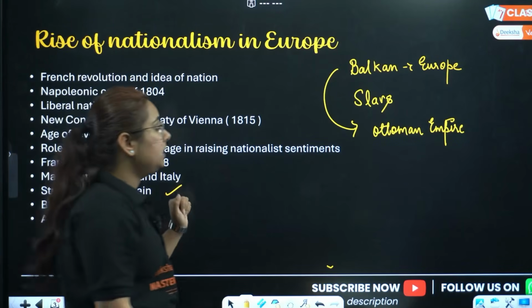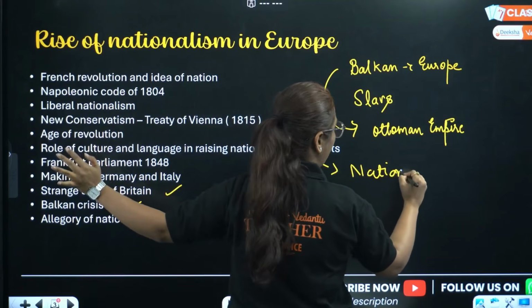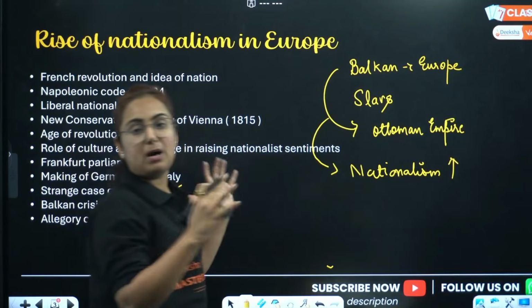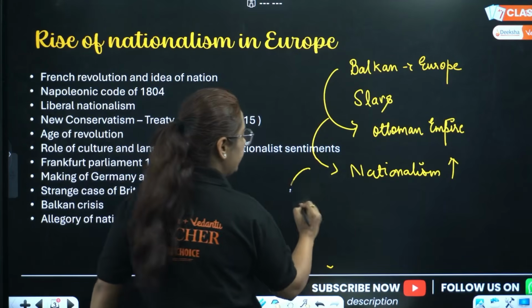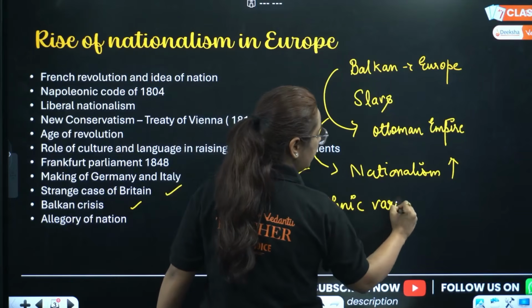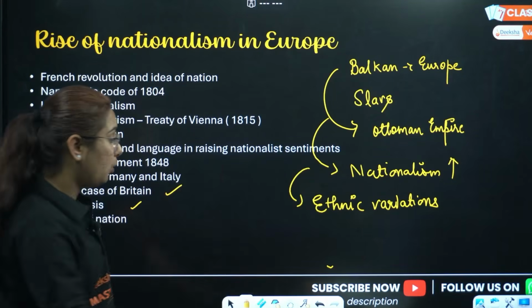Now what happened, as there was a spread of nationalism in Western Europe, finally nationalism reached this Balkan part of Europe, and every territory contains people of different ethnic variations. There were people who belong to different ethnic groups. Now what happened?